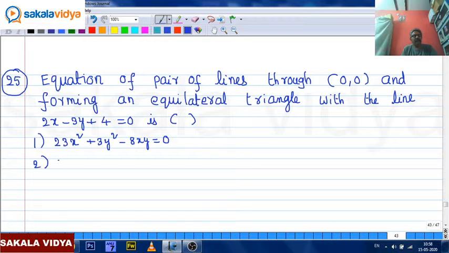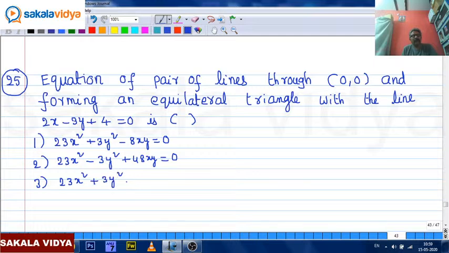Second option, 23x square minus 3y square plus 48xy equal to 0. Third option, 23x square plus 3y square minus 16xy equals to 0.